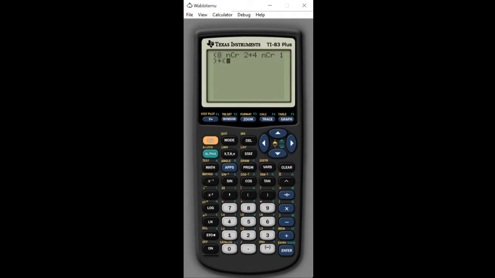Plus, maybe I hit a times or something. I don't know. It's supposed to be a plus. 8, math, probability, choose 3 times 4, math, probability, choose 0, divided by 12, math, probability, choose 6.